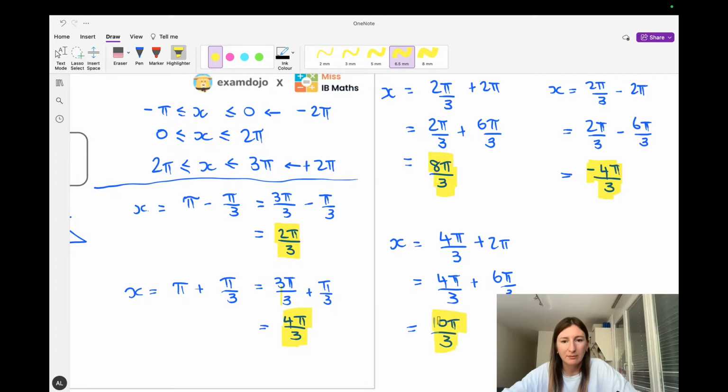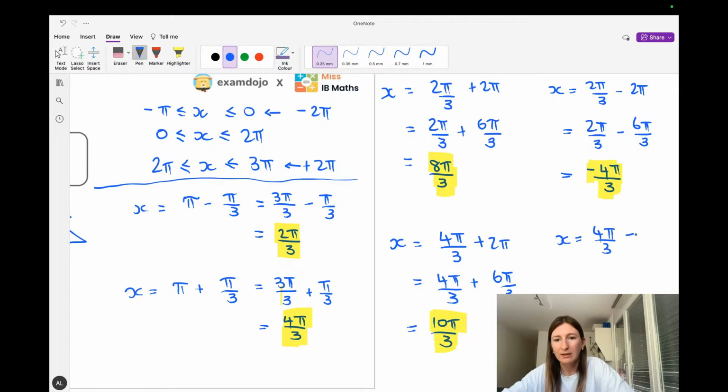You hope in your exam they're maybe not going to give you such a big domain to check. You're really lucky if they give you between 0 and 2 pi. That's nice because then you're basically just done. All right, and then 4 pi over 3 minus 2 pi. Almost there. Minus 6 pi over 3. So that's minus 2 pi over 3.